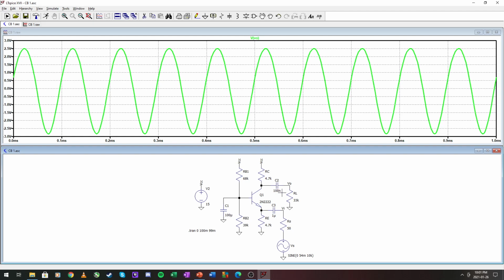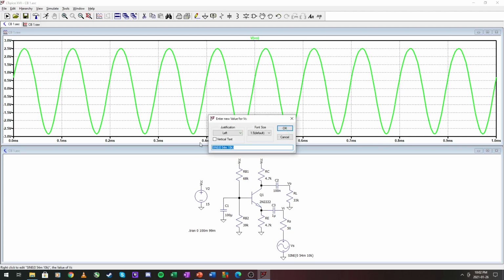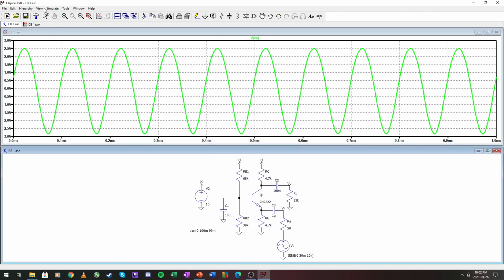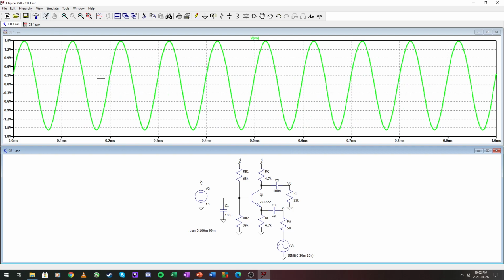But if you really want it to be linear amplification, we need to adjust this voltage down to 50 millivolts, and our output will be 1.5 volts peak. And there we go, and we can see that this is a much nicer sinusoidal on the output. And there's the common base with clipping, linear and non-linear amplification.